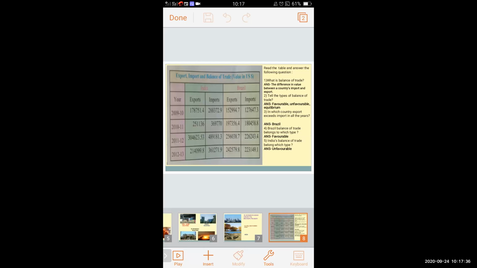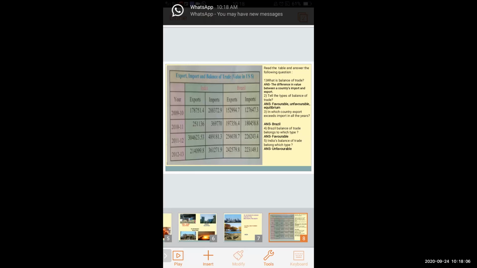In 2012-13, we can see in Brazil, export is 2,42,579.8 and import is 2,23,149.1. Again, here the same, export is more and import is less. So from this, we can conclude that Brazil exports more than the import. Brazil is not a dependent country on other countries.